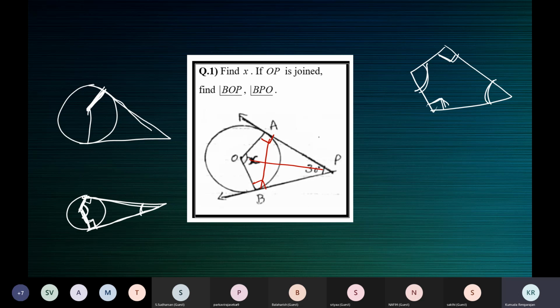Now, can you give a special name to this quadrilateral OAPB? Kite, ma'am. Kite. Okay, correct.